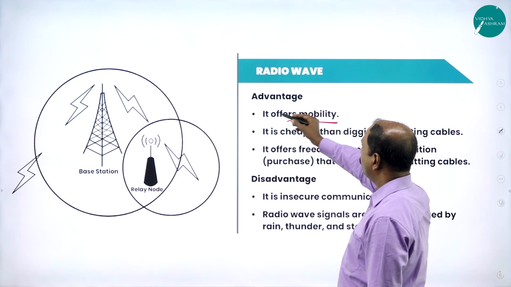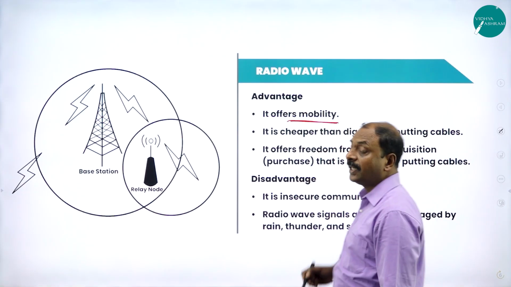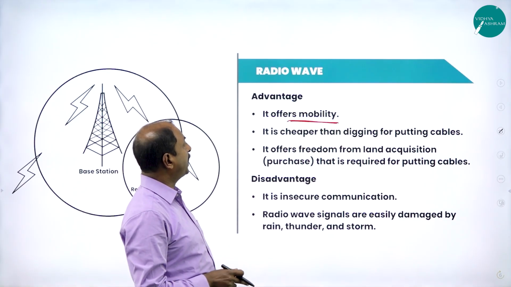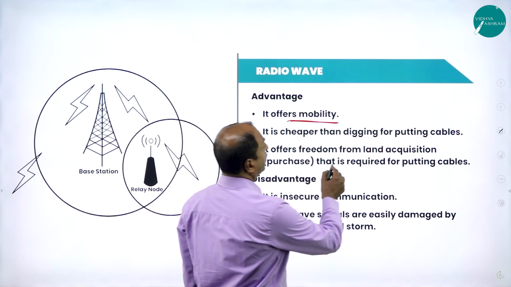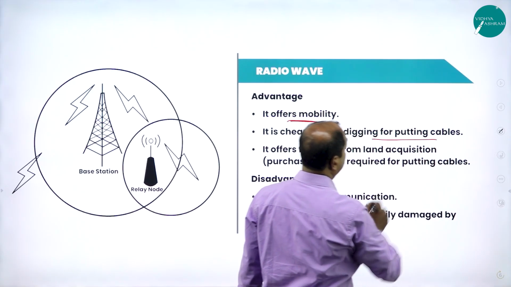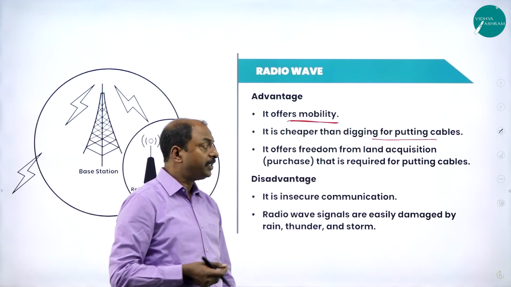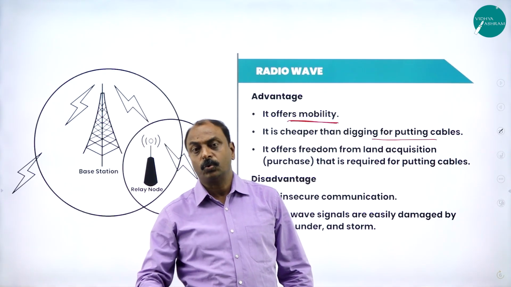Now let us see what the advantages of this are. It offers mobility. These devices need not be connected to one place, so they can be movable. That is mobility, and it is cheaper than digging for putting in cables. In wired communication, as we have seen in our last session, there must be physical connectivity between the two computers.